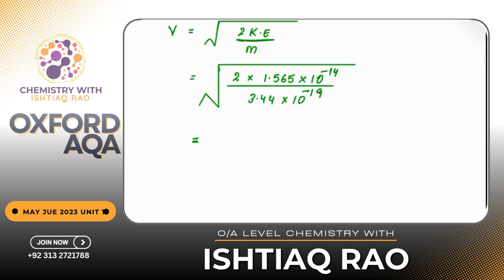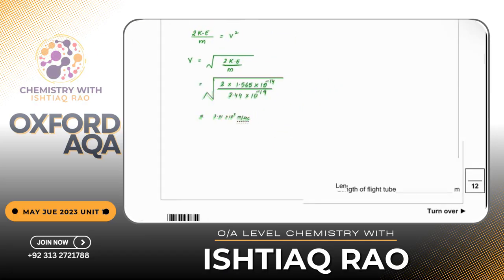301.64. Like I can say in exponential form, it's 3.01 exponent 8 meter per second, as it's the velocity.